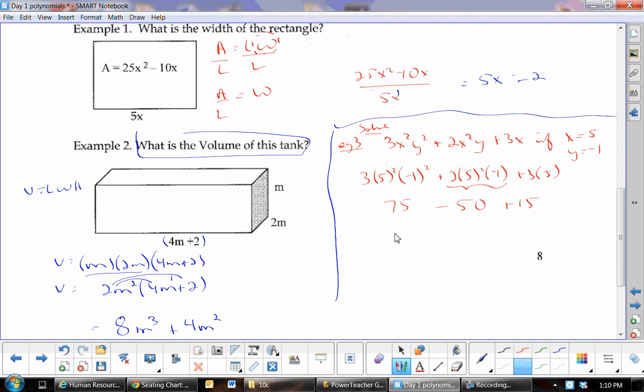So 75 minus 50 is 25. 25 plus 15 is 40. So don't think that since you have your calculator with you, it's going to save you. If you don't know how to put the information in there correctly, you're not going to be successful.